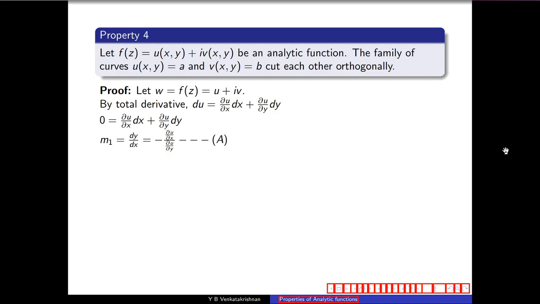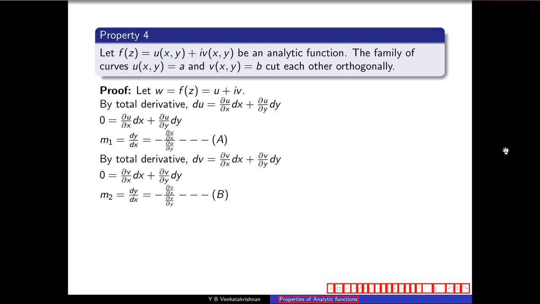Since u is equal to a constant, du will be 0. So you get 0 is equal to dou u by dou x into dx plus dou u by dou y into dy. And from that, we can find the slope dy by dx, which will be negative of dou u by dou x divided by dou u by dou y, which is represented as equation A.